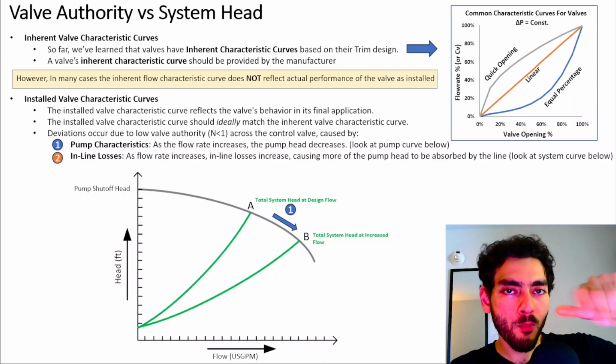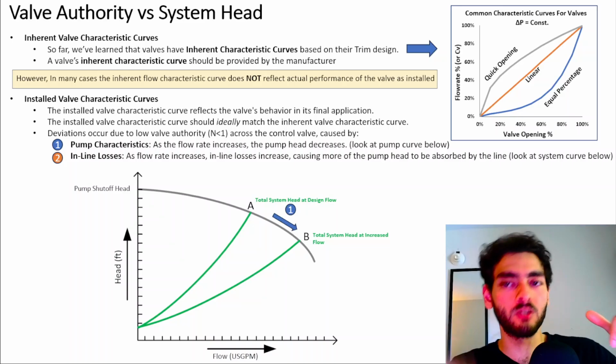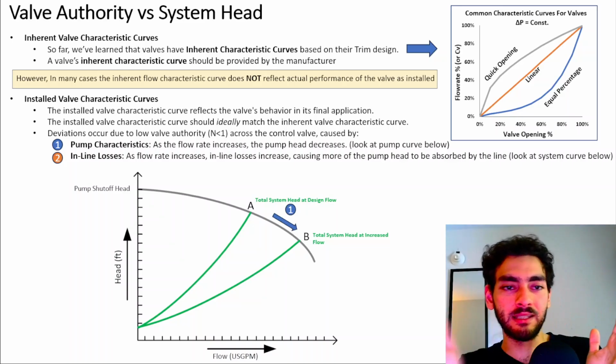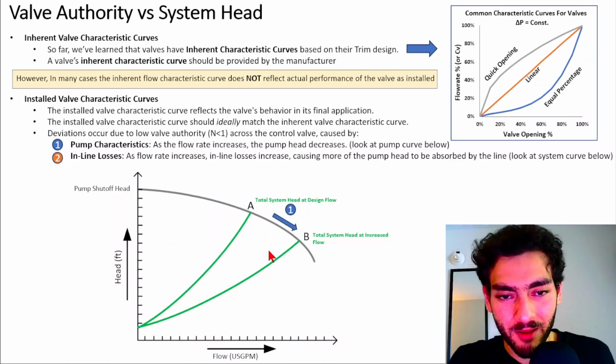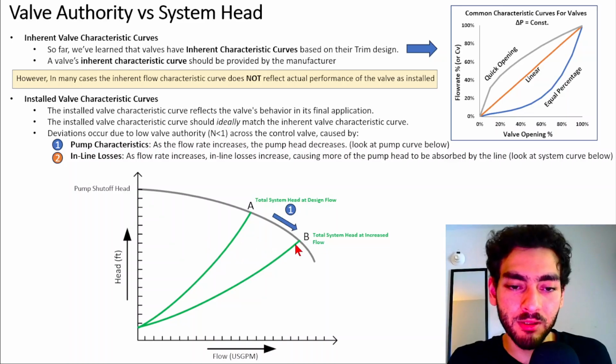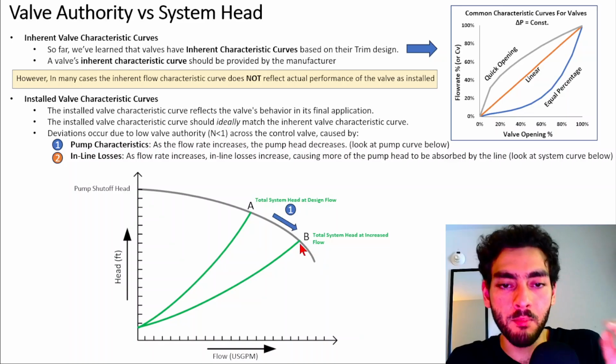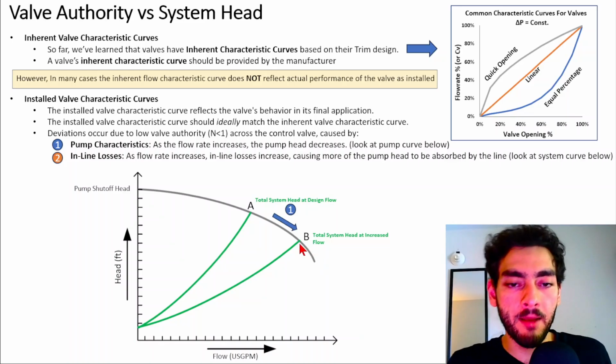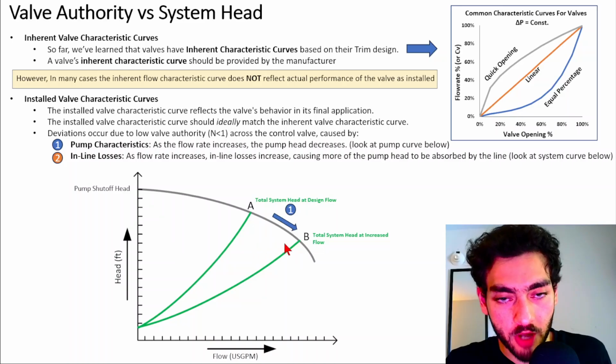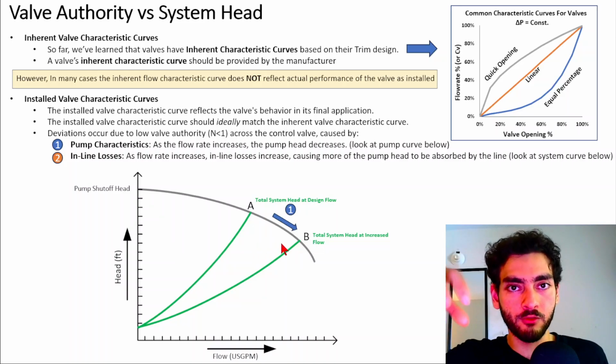So as you're opening the control valve, what you're also doing is manipulating the operating point along that pump curve. And so the pump is able to give you a higher flow rate, but it's going to have to lower the discharge pressure that the control valve will see.